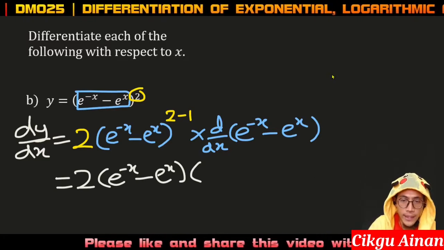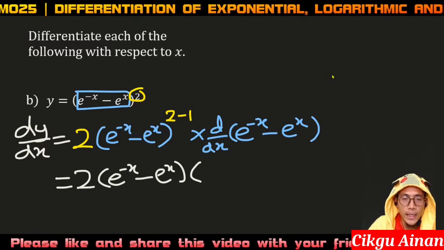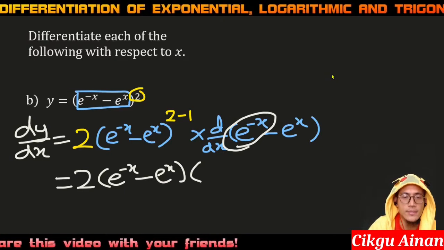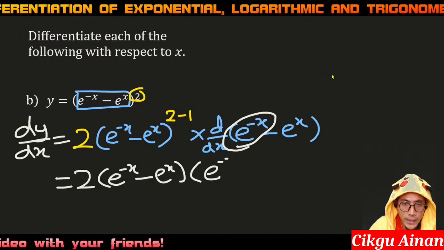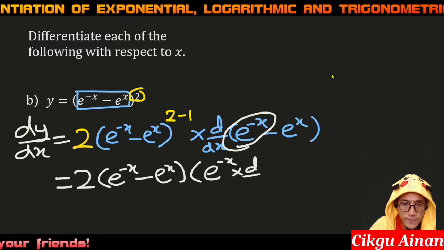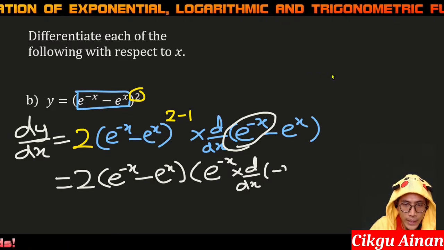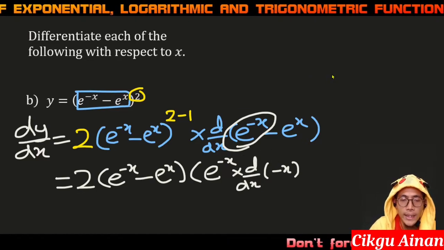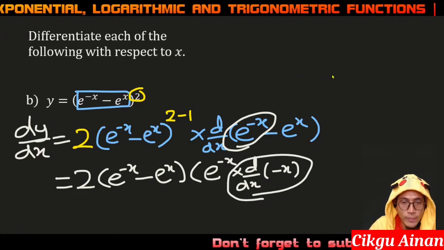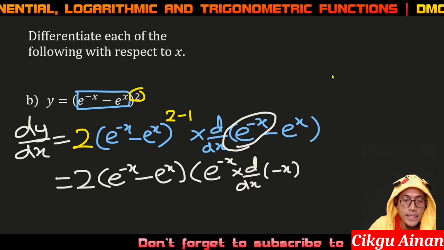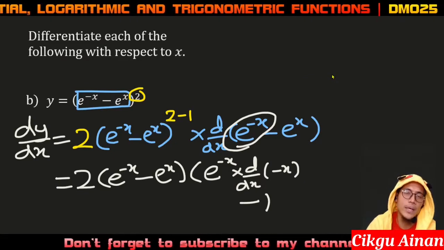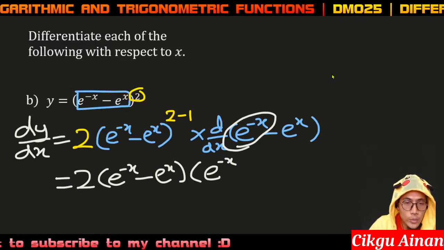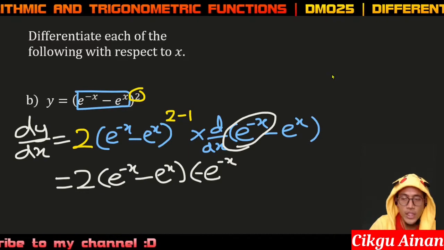Now, differentiate e to the power of minus x with respect to x is e to the power of minus x multiplied by the differentiation of minus x, the power over there, just copy paste. And the differentiation of minus x with respect to x is minus 1. Remember, minus 1 is a constant.